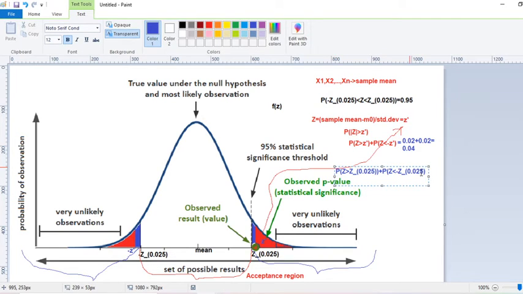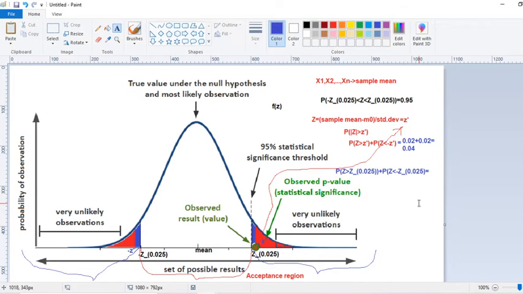What will be the value? So what is this probability? This probability will be the value of the blue region. So let us make this region also blue. Okay. So what is the probability? That probability is nothing but 0.025.